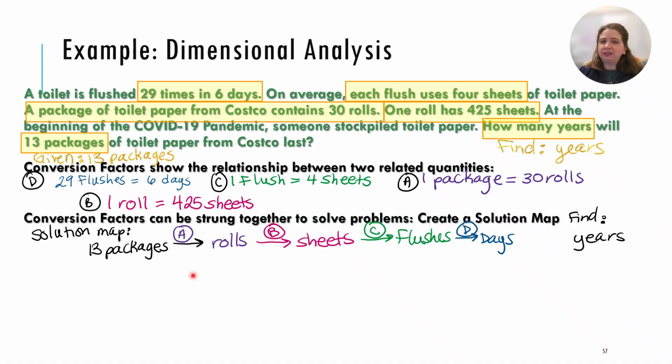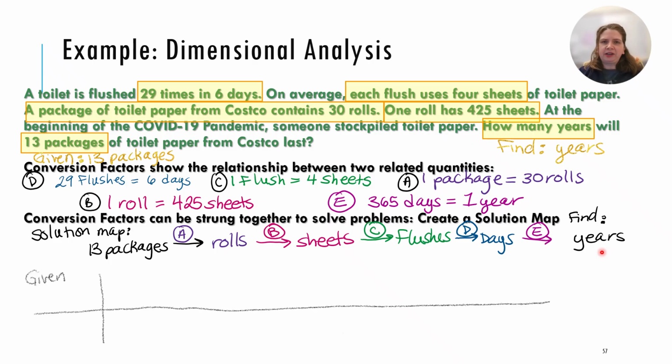We also need a time conversion to go from days to years. 365 days is equal to 1 year. Our final solution map is packages to rolls to sheets to flushes to days to years.